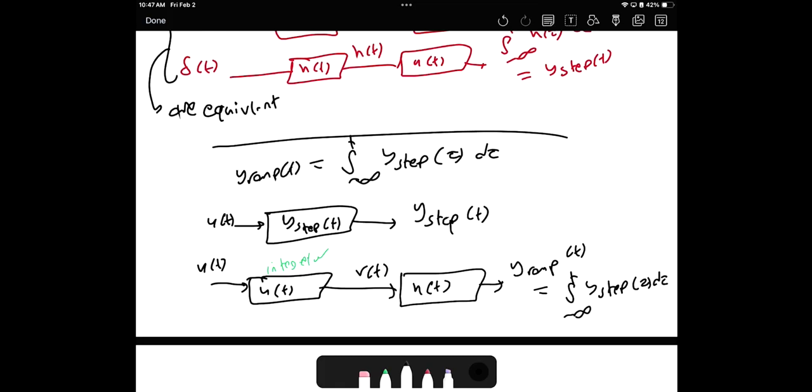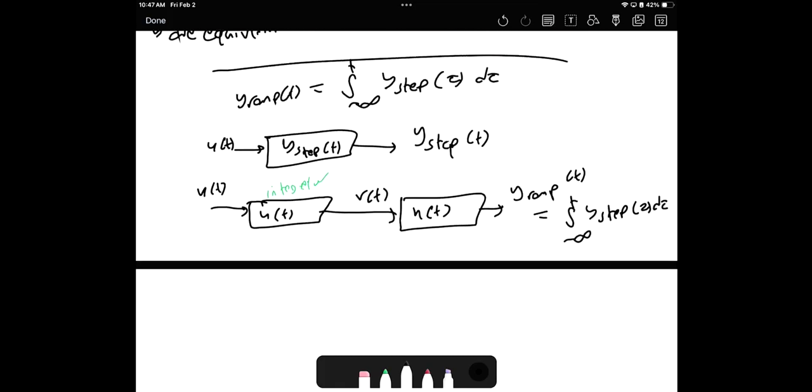So this is another scenario when we have u of t and h of t. So the outputs will be as you have the inputs. U of t, and we have here h of t.